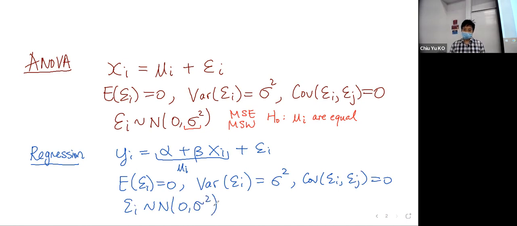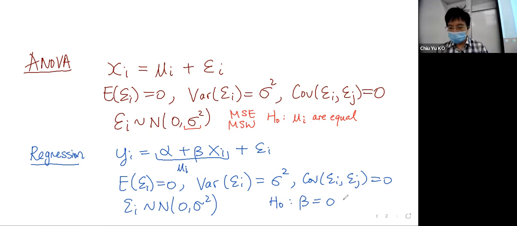And again, we want to test the hypothesis of whether beta is 0, that is, whether x has any impact on y.